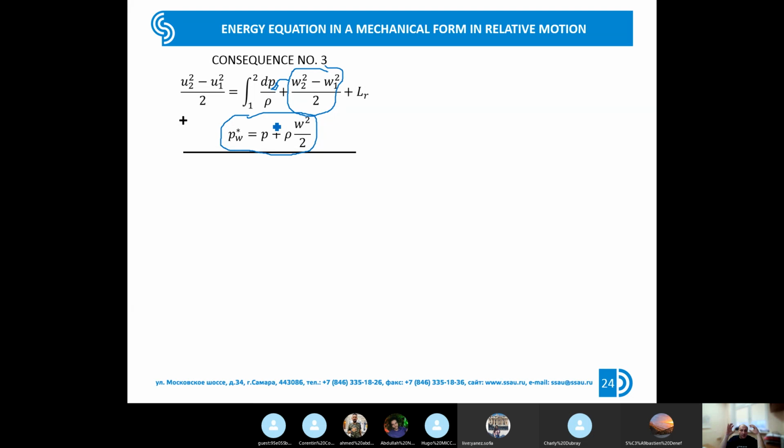Using this information, finally we can convert the energy equation in mechanical form in relative motion to such a shape.